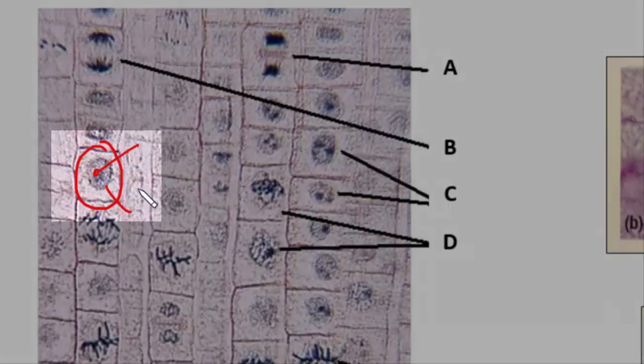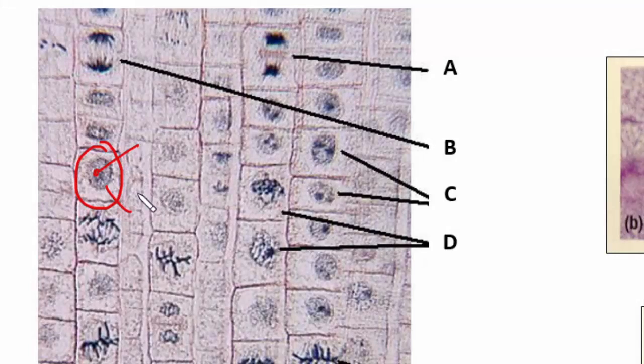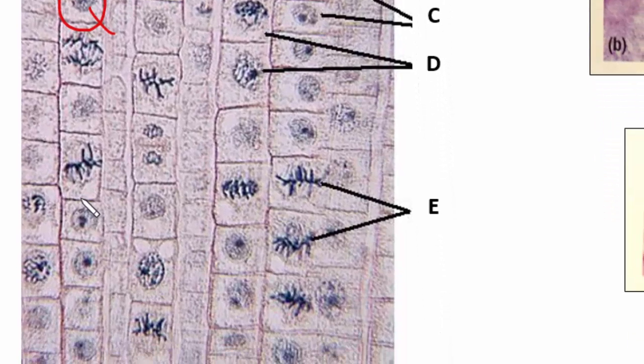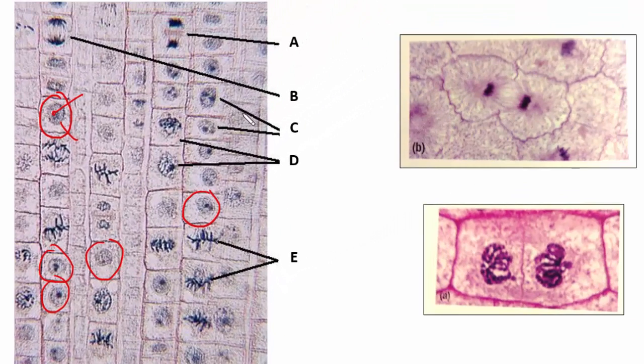So this cell is in interphase. You can't even really see the genetic material very clearly like you can see it here, these black worm-like things. Here's another cell that looks like it's in interphase, and this one, and this one, and this one. So over here where there's the label C, these cells are going to be in interphase.